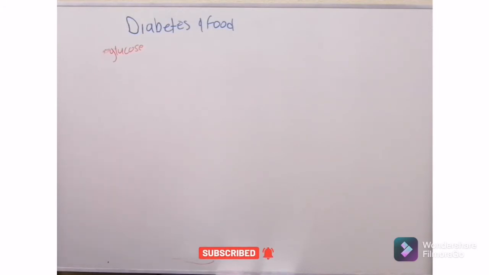There are other ones as well, but glucose is the main one, the most common one.